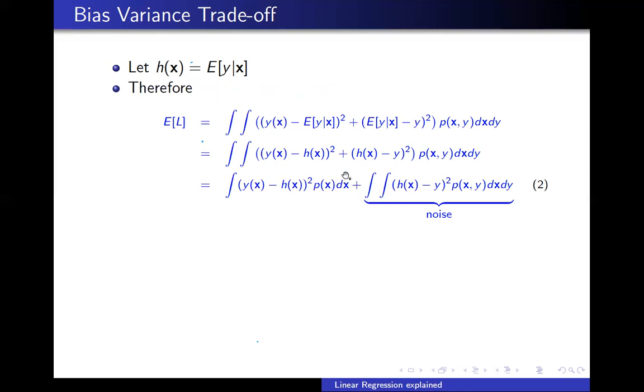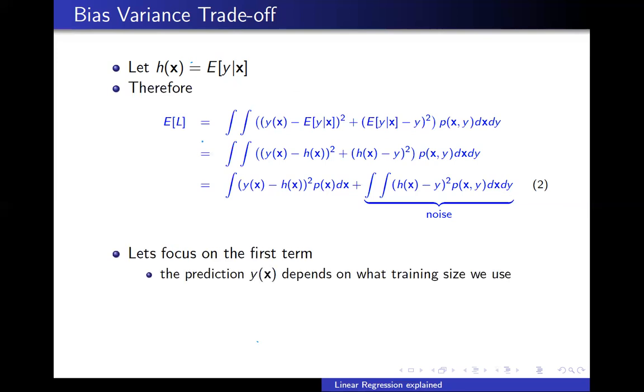The first one is the difference between y of x and h of x. Sorry, this is not the true label. Y of x is your prediction, h of x is the conditional expectation, and the second term is the conditional expectation minus the actual true label.